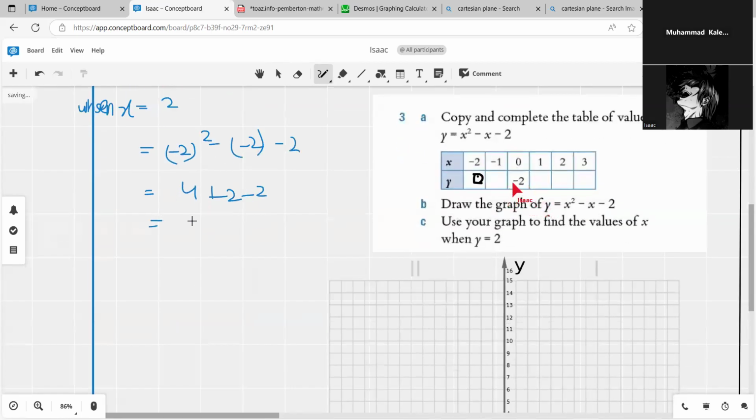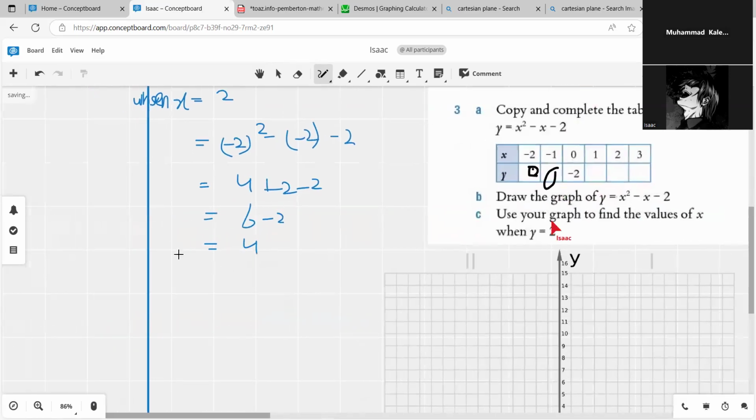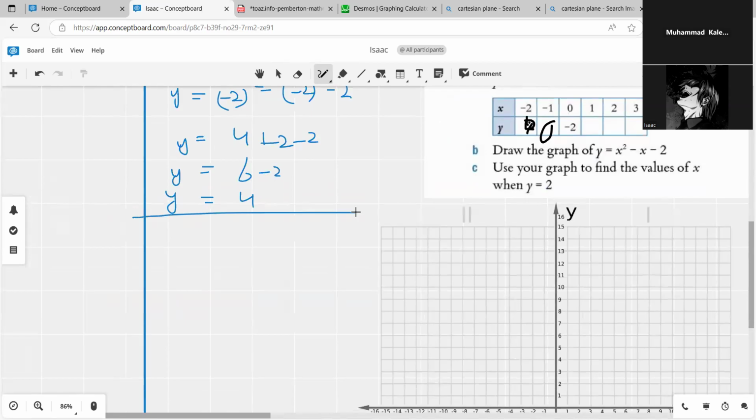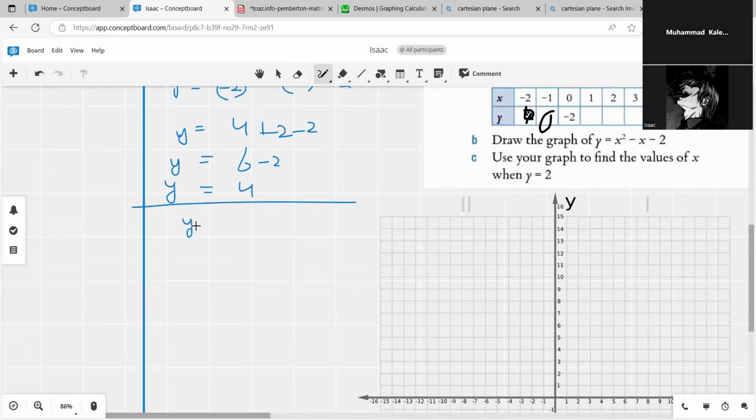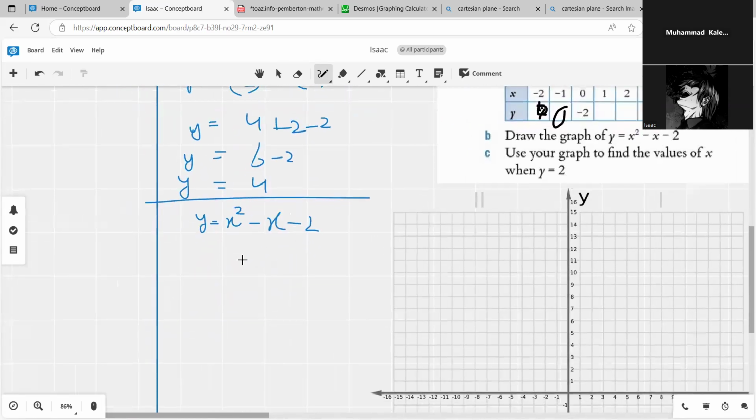And I think you made a mistake for the first one. It's supposed to be... how do I erase?